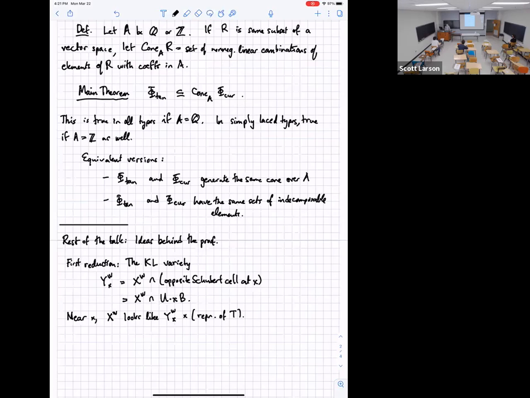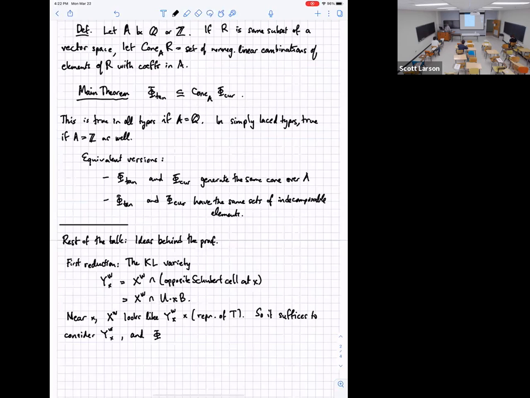So we can more or less forget about it, because the representation is easy from the point of view of tangent spaces. And so it suffices to consider Y of XW.